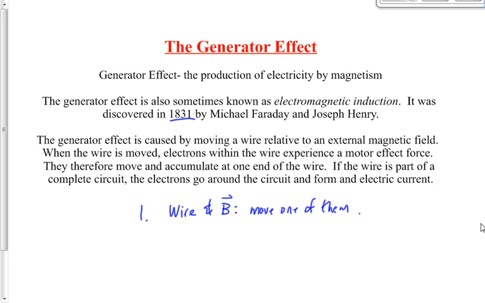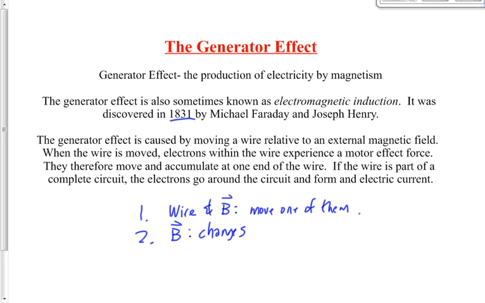Move the wire through the magnetic field, move the magnetic field around the wire. Doesn't matter. You're going to generate an electric current in the wire in both cases. But one of them's got to be moving. Both of them could be moving relative to one another, but in the end, all you need is one of them to move. You need relative motion. Or change the value of the magnetic field.